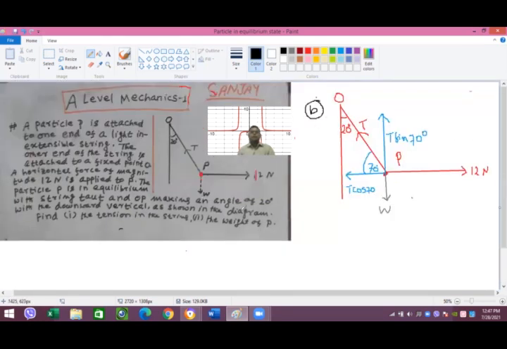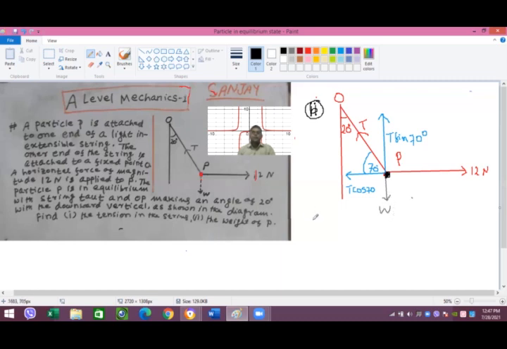Okay guys, now you have to find the weight of this particle in the second part of this question. In this case, the particle is still in equilibrium state, but we have to relate this equilibrium with the weight of this particle that always acts vertically downward.